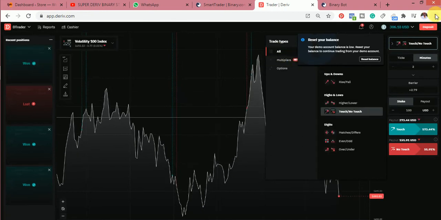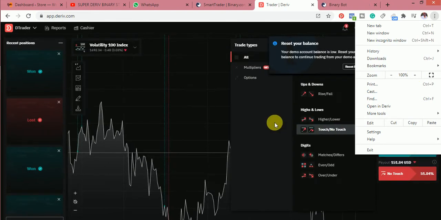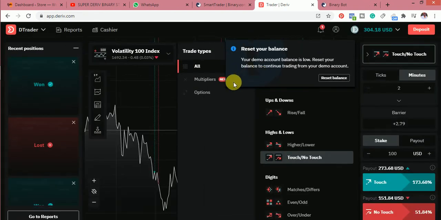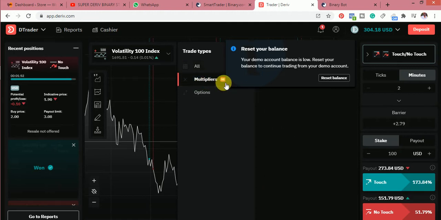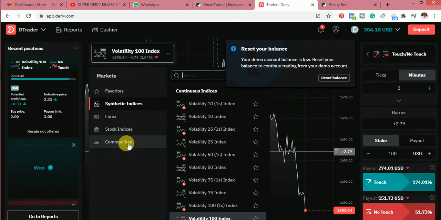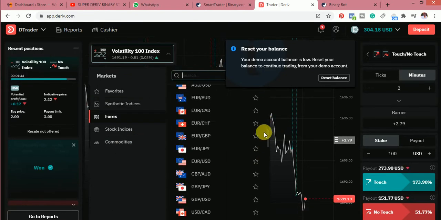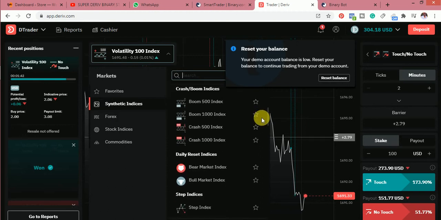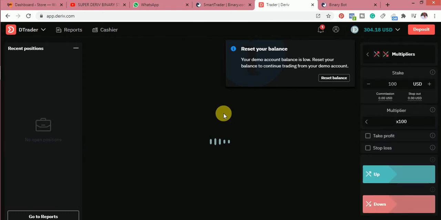Let me see if there's a way I can enlarge this. All I'm looking for here is multiplier. So I have to go select first. If that is giving an issue, just go directly and select boom. Okay, so I'm talking about boom. Let's say boom 1000. Let's start with boom 1000.